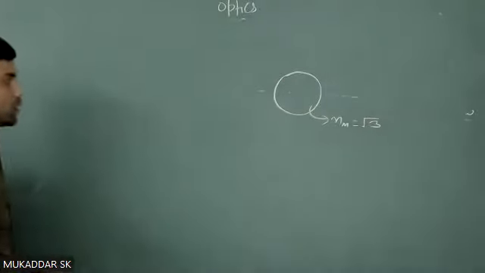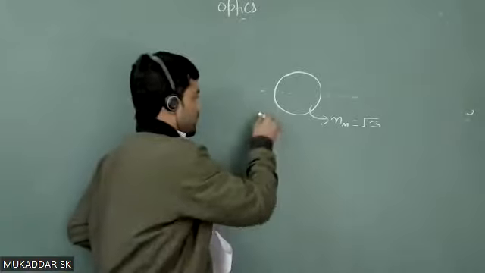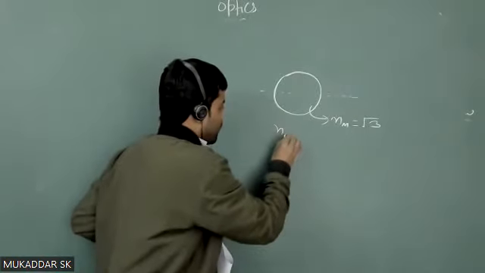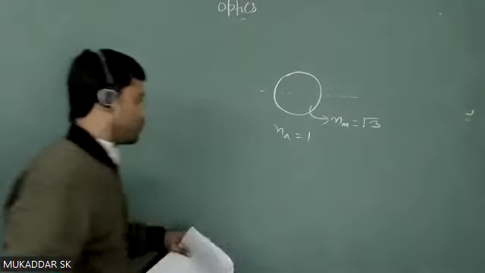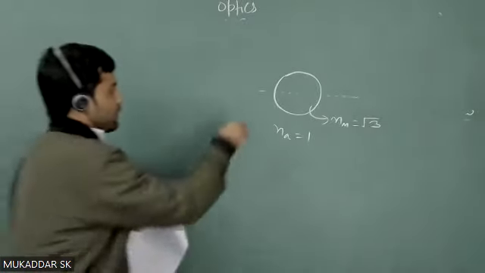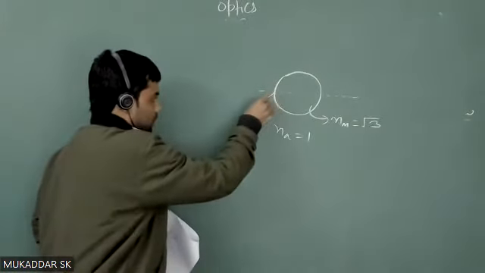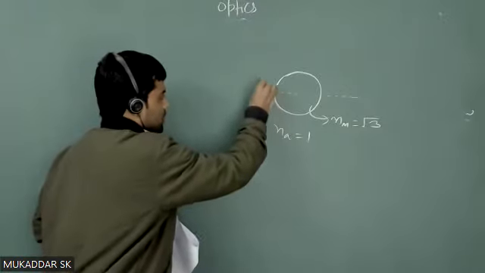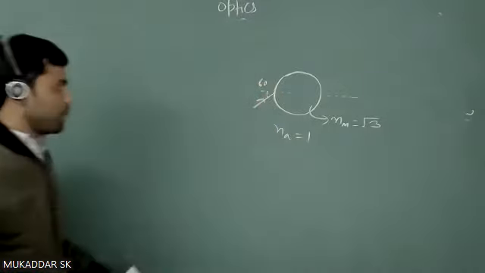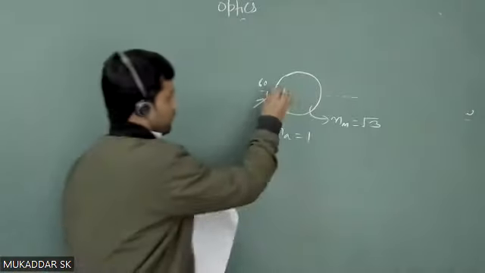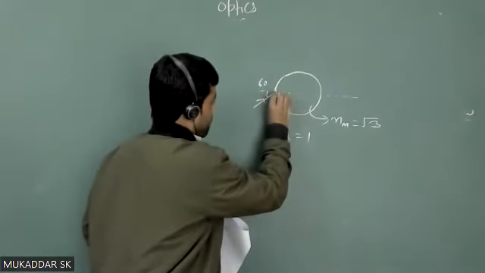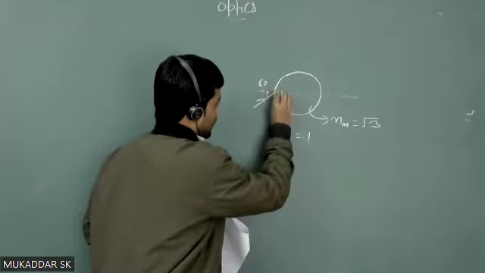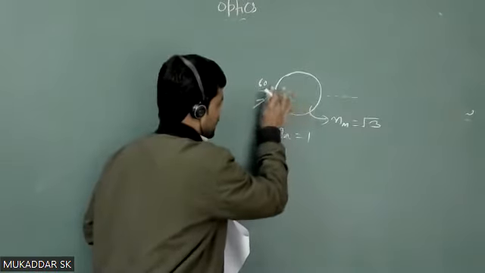So the outside medium is air, and the refractive index of air we know. The ray is incident at an angle of 60 degree, and then it is going like this.